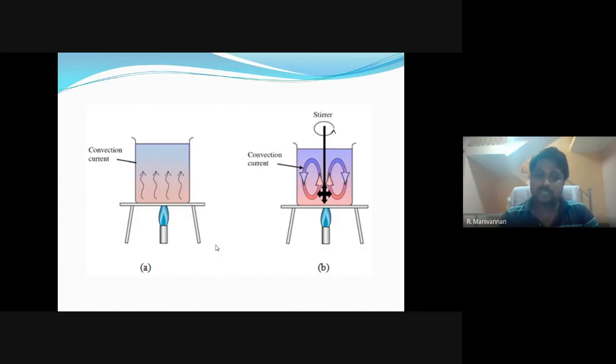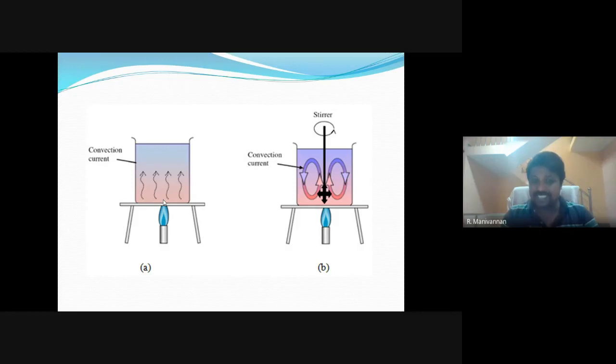As we are heating the water, the water molecules very close to the base surface get heated up. They gain energy, and the molecules are getting loosened, trying to move freely. That means it is trying to form a vapor.